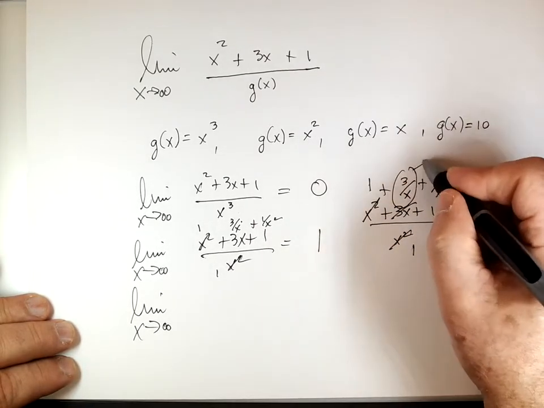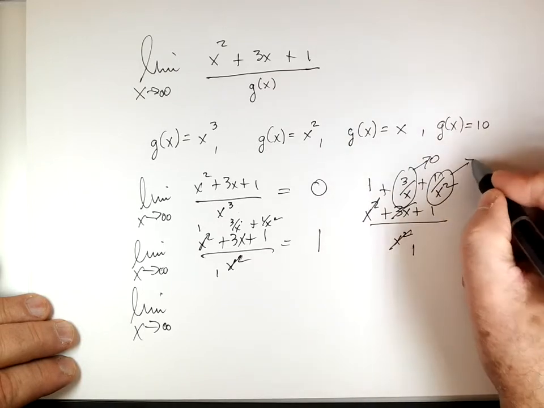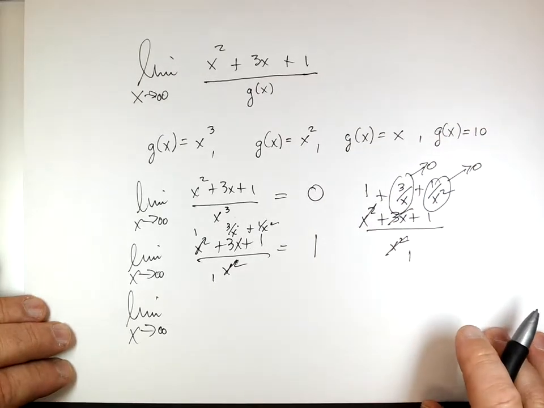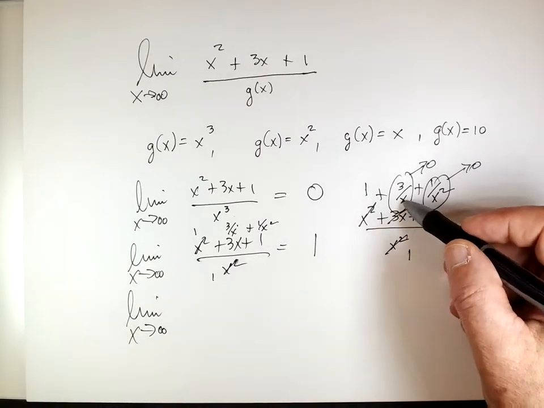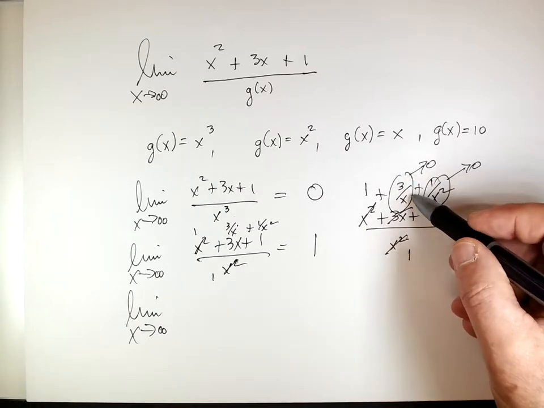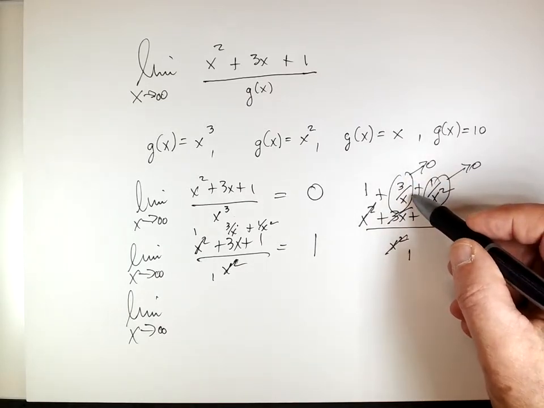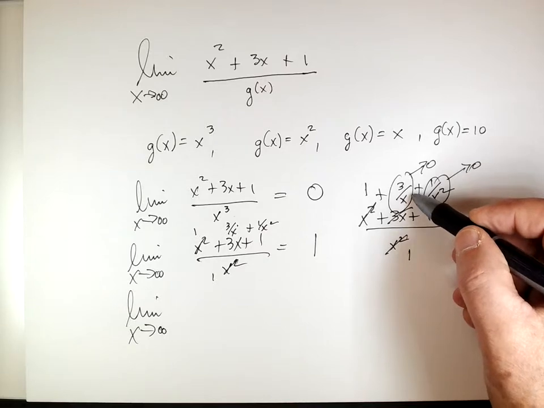Because this will go to 0 as x goes to infinity, and that will go to 0 as x goes to infinity. If you have a numerator that's a constant and a denominator that's a variable going to infinity, that limit will be 0.